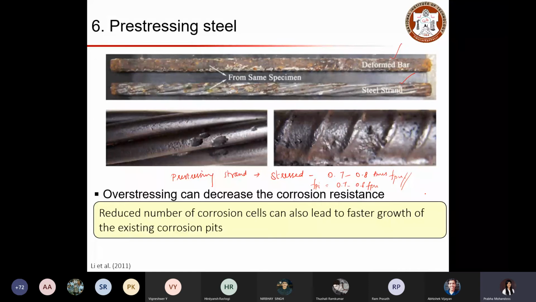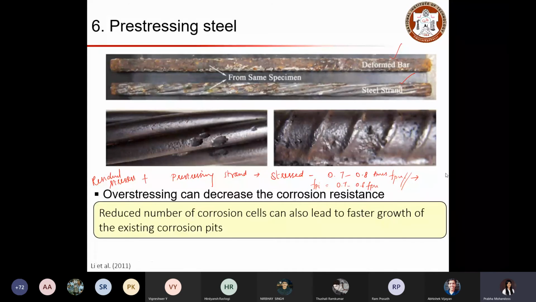So these are all indications that your strand is under a high energy state. So you have residual stresses plus this pre-stressing force. So this tends to accelerate the corrosion process when it gets a chance to corrode.